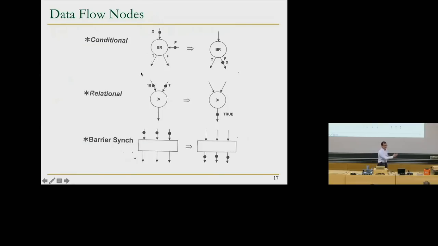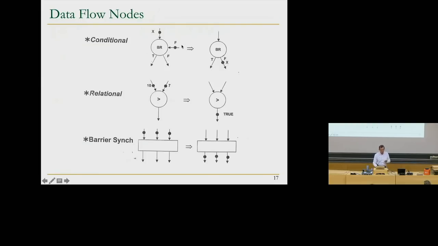Basically, this is where you can decide where to route the data. Do you send it to this instruction or this instruction? If the input is true, execute this instruction. If the input is false, execute this instruction. That's what happens over here. That's how you can implement an if-else construct with this graphical language, right? And in this case, because the control input is false, the data input goes out of the false output over here.